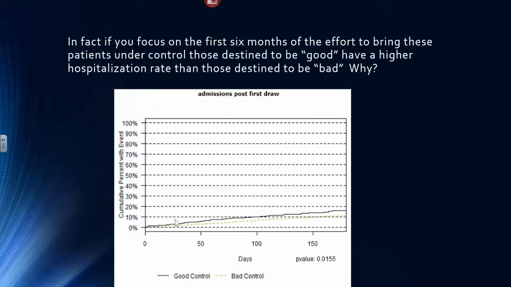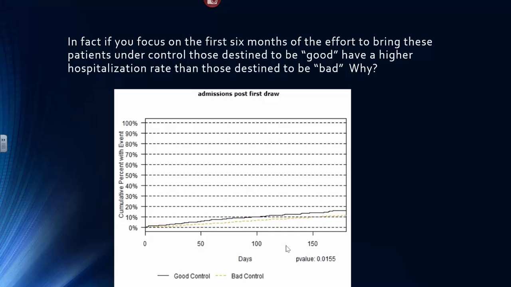In fact, if you focus your analysis in your study designer to look at 0 to 180 days after the initial hemoglobin A1C that defines someone as a bad diabetic, you'll actually highlight the distinction between the good control patients and the bad control people.